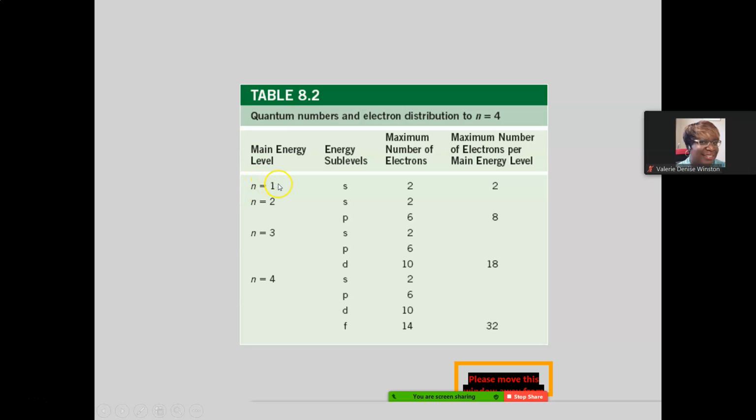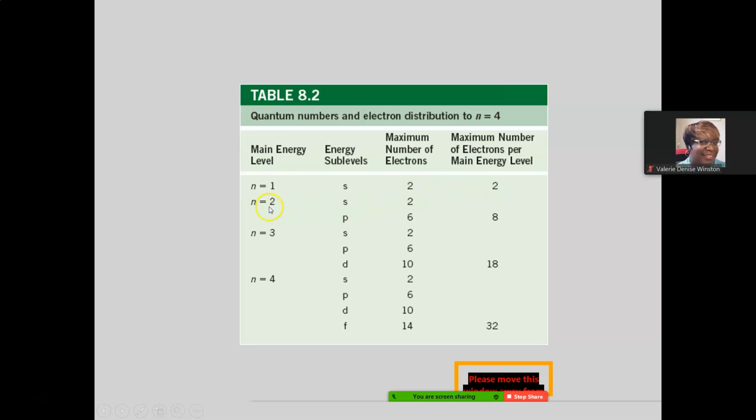At energy level 1, that's your n equal 1, your first quantum number, you only have an s suborbital. It's the spherical one, and it contains 2 electrons. One spin up, one spin down. Maximum number of electrons, 2.